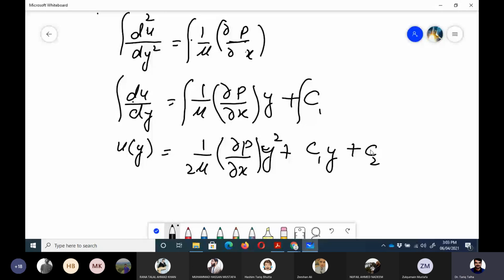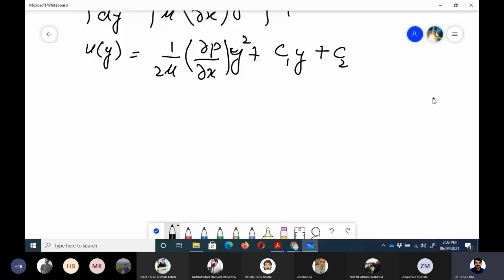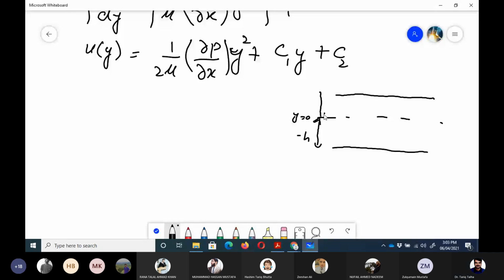Now, if we want to find the value of C1 and C2, we need to apply the boundary conditions. At the center we have y equal to 0, here we have minus h, and here we have plus h.